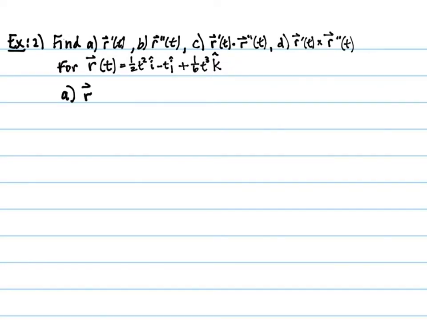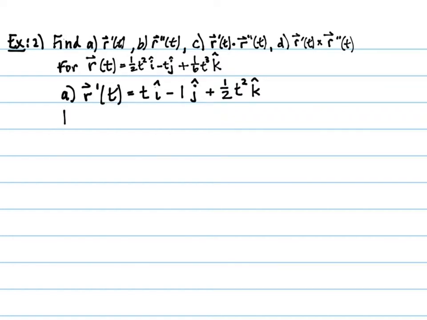All right, so our first one is a first derivative. So 1/2 t squared would be 1/2 times 2t, or just t, i. Minus tj would be minus 1j. I'll put the 1 for now. And then 1/6 times 3 would be 1/2 t squared k.